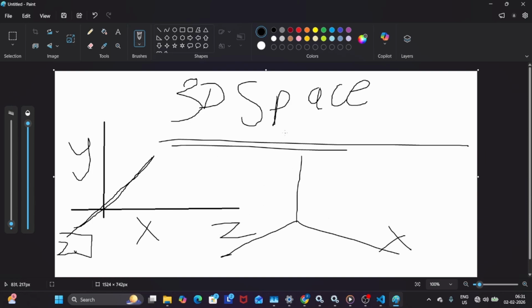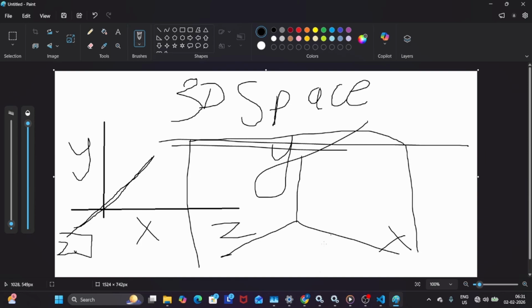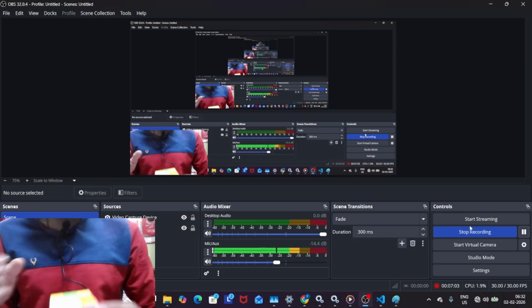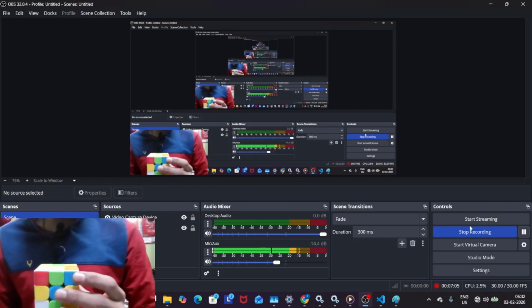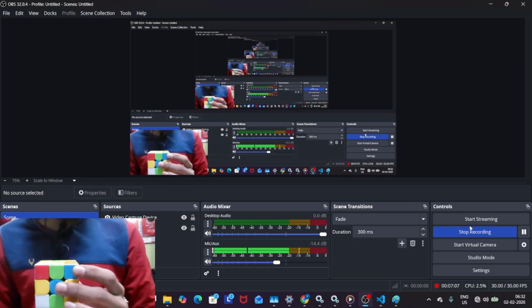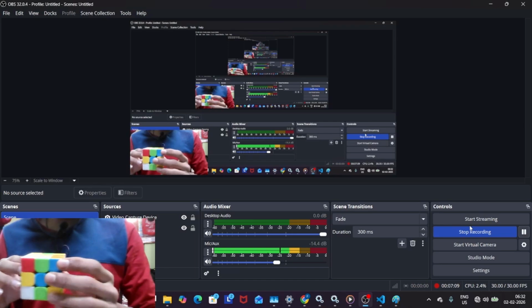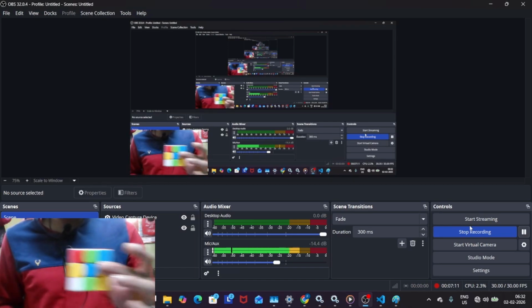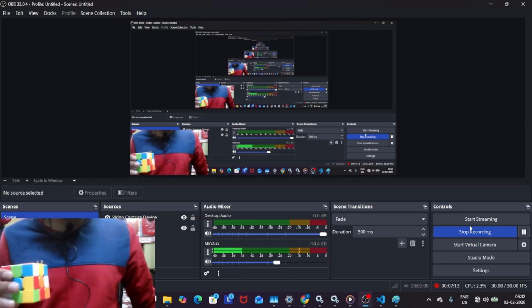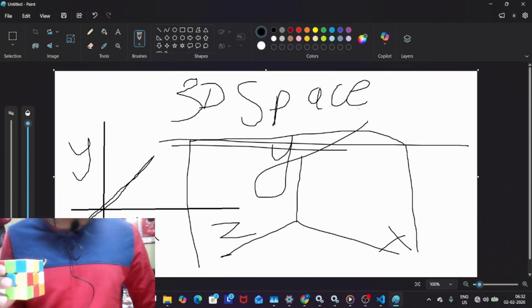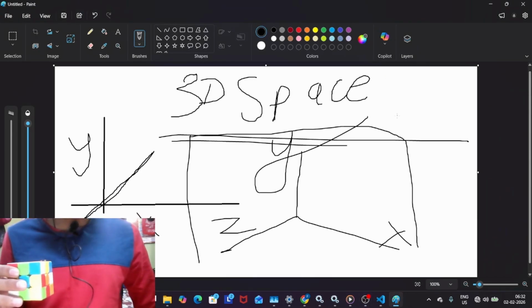x, z, y, exactly like this. We will understand this with the example of our cube.